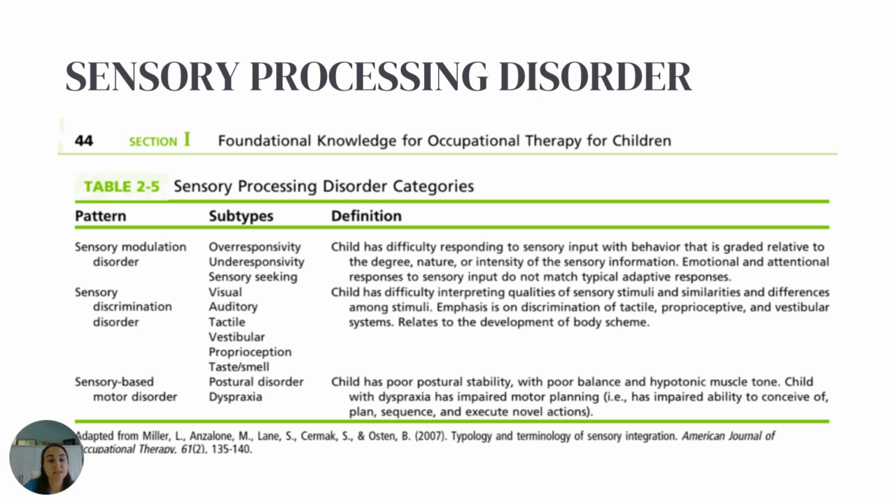A child with dyspraxia has impaired motor planning and has impaired ability to conceive of, plan, sequence, and execute novel actions. So those are our main categories of sensory processing disorder.